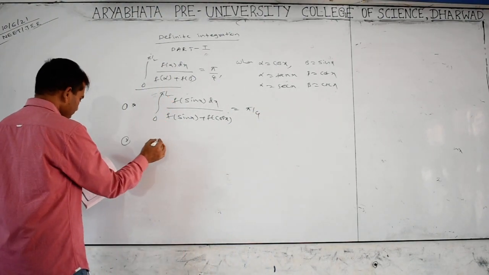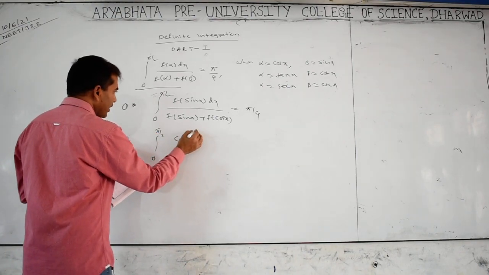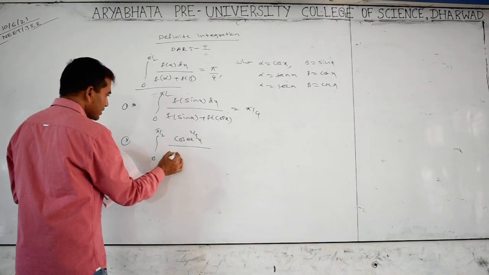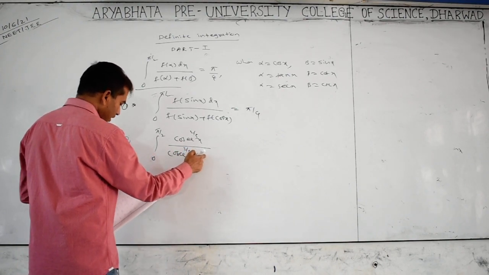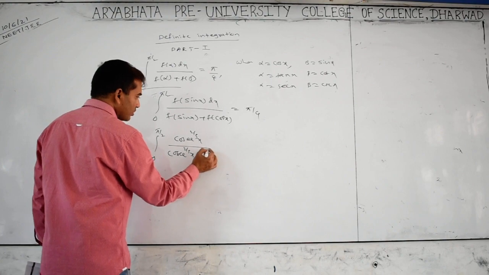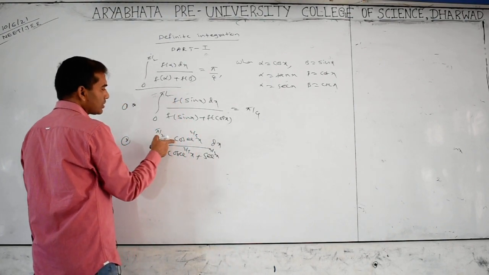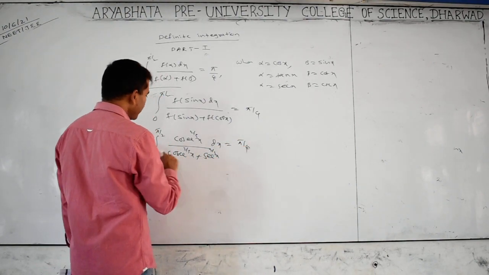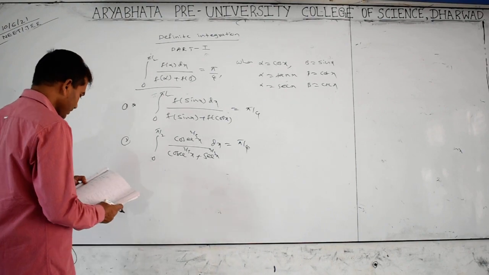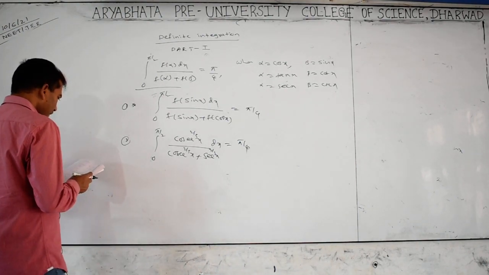Next, the second one: integration of 0 to pi by 2 cosec power 2 by 3 x. Tell me, can you know here? Secant, because the co-function of cosecant x is secant. So is it covered by this method? Yes, cosec co-function is sec. Then the answer is pi by 4. Limits also 0 to pi by 2. Understood?